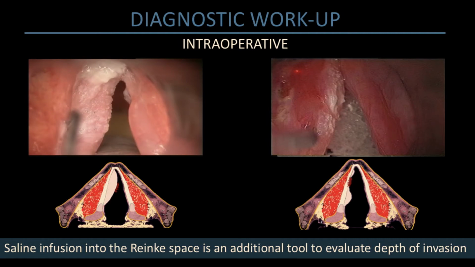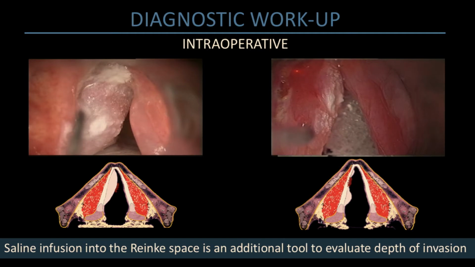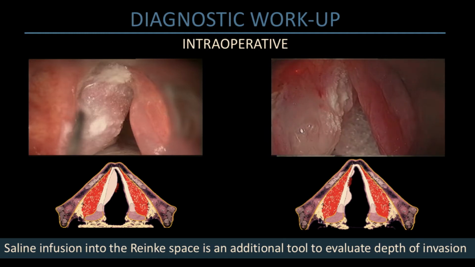Another maneuver very useful in the workup is the hydrodissection in the superficial layer of the lamina propria. When you have a complete ballooning of the lesion, you presume that the lesion is confined to the epithelium. By contrast, if part of the lesion remains attached to the vocal ligament, probably we are facing some microinvasive carcinoma.